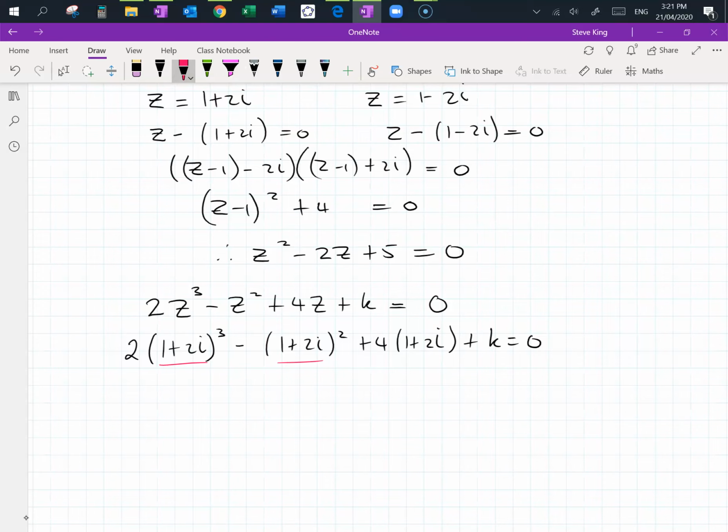I could use the binomial theorem, I suppose, but I'm just going to do it longhand. I know that (1 plus 2i) squared is going to be 1, then (2i) squared is going to be 4i squared, so it's going to be minus 4, and then I've got plus 4i. So in other words, it's going to be minus 3 plus 4i.